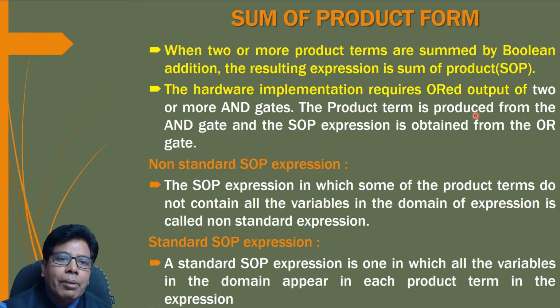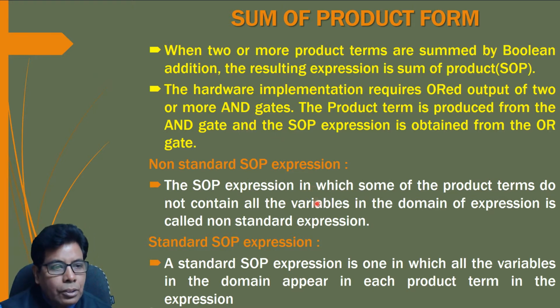The hardware implementation requires the OR of the outputs of two or more AND gates. So the product term is produced from the AND gate and the SOP expression is obtained from the OR gate. So we'll need AND gates as well as the OR gate in the hardware.